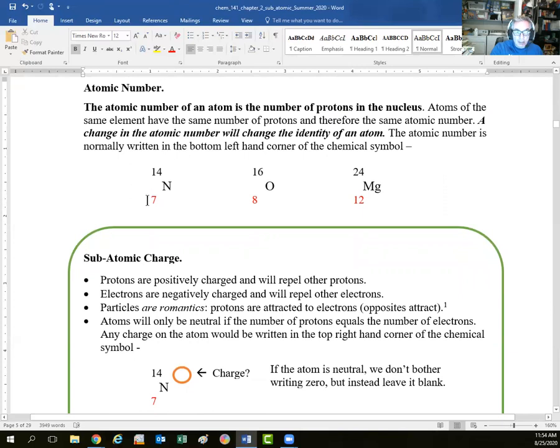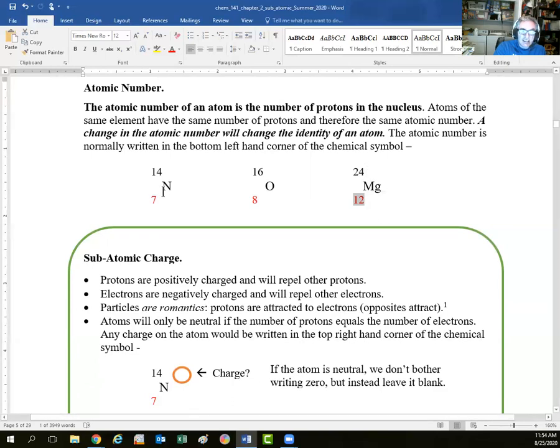Now in the bottom left-hand corner is where we normally leave the atomic number of the element. The atomic number is purely the number of protons, because that's the most distinctive piece of information about atoms for each element. No two elements have the same number of protons in a nucleus.